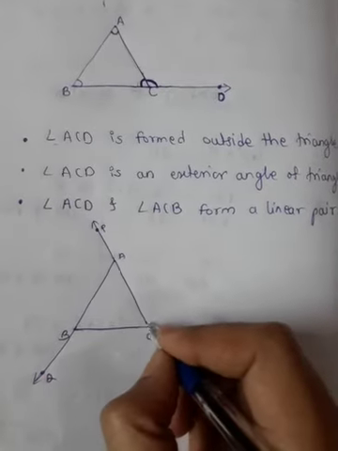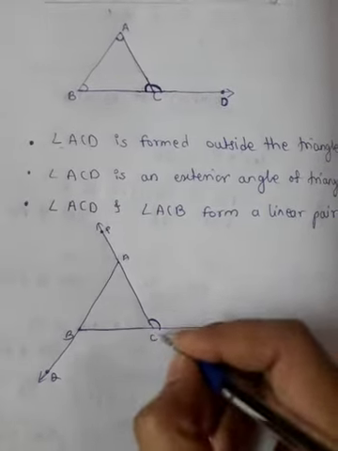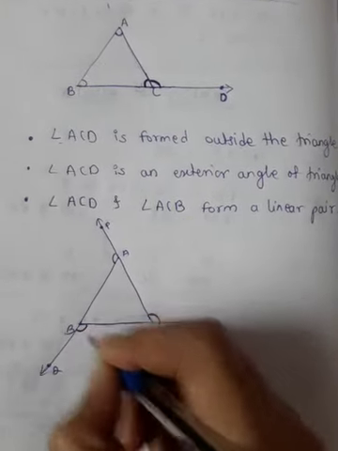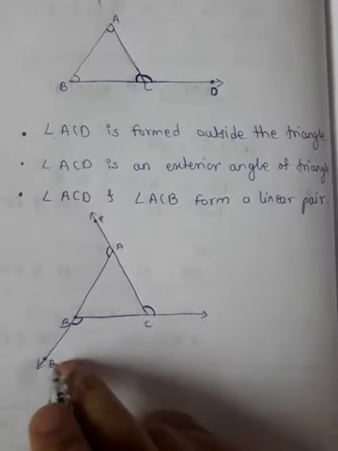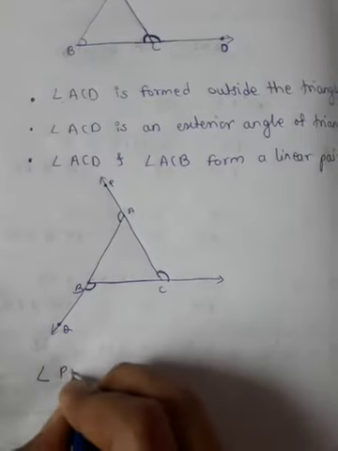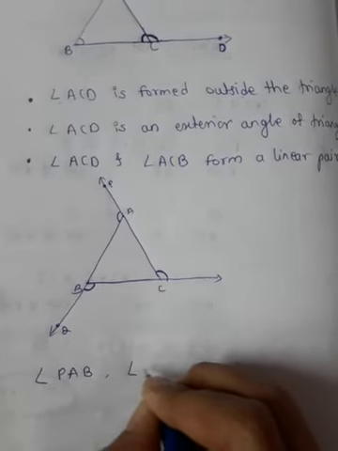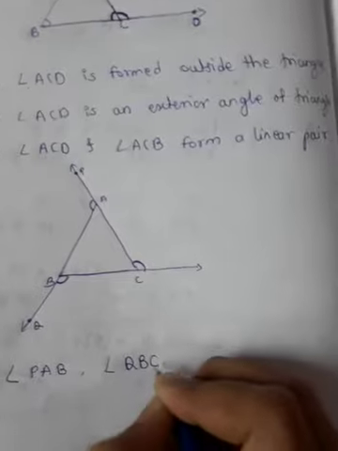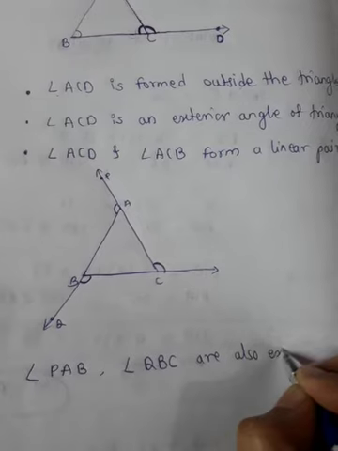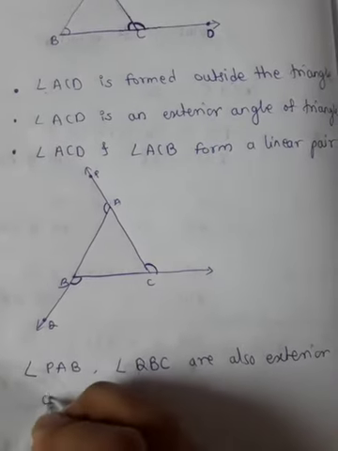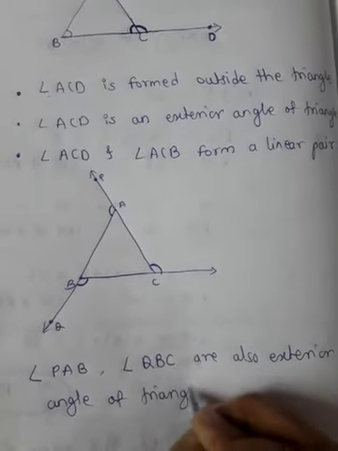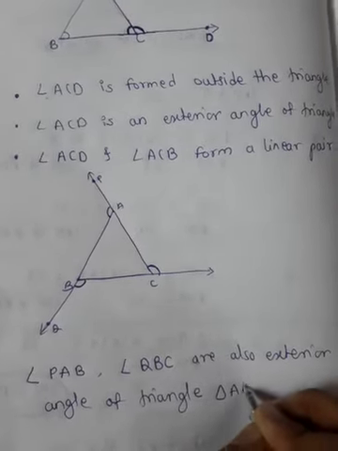So here we first have ACD, an exterior angle, here PAB, and here QBC. So angle PAB and angle QBC are also exterior angles of triangle ABC.